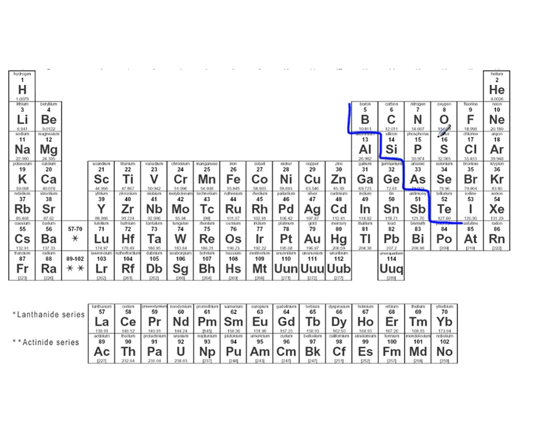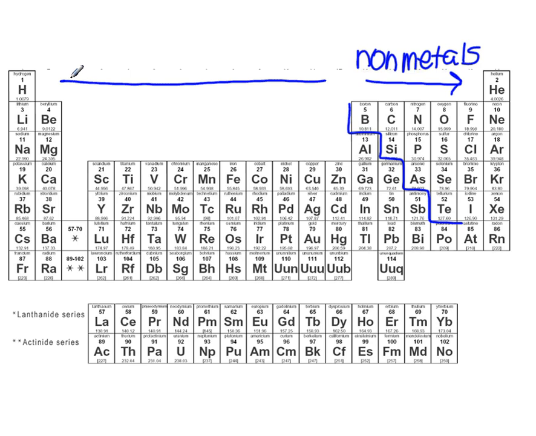So if we draw that in here, over here you're going to have your nonmetals, and over here you've got your metals. And along the staircase down here, you would have your metalloids, elements that have properties of both metals and nonmetals.